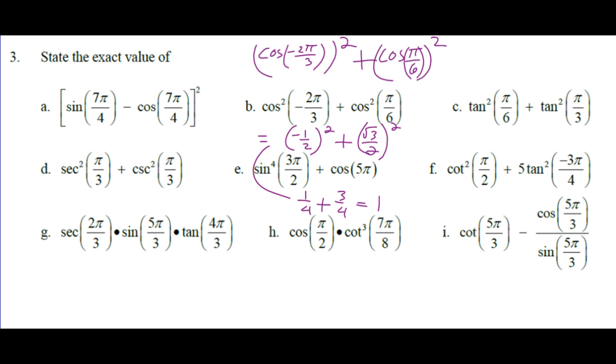So this works out to 4. Then you work out the rest of it. If you are doing cotan, secant, cosecant, you just figure out, I want the secant of pi over 3, that's the reciprocal of the cosine of pi over 3. So cos pi over 3 is 1/2, the reciprocal of that is 2, squared is 4.